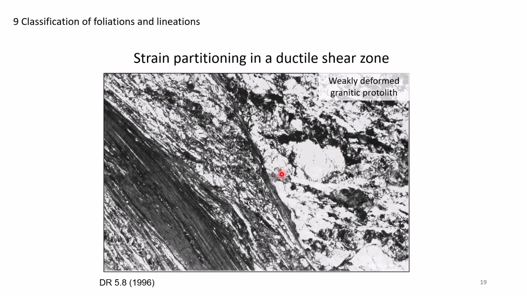But overall, the deformation intensity is much lower compared to the proto-mylonite, which shows a spaced foliation with some sort of microlithons separated by cleavage domains, not very well developed, but at least in some places that is visible.